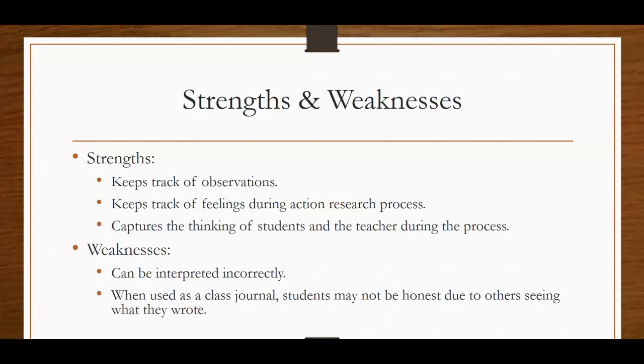Without some context clues, without looking at the student as they're expressing these ideas and feelings, they might be interpreted wrongly, especially if students are too young to write out words and maybe they're drawing pictures instead. So maybe a way to fix this would be to have students write in the journals and then come and talk to the teacher about their entry, so that the teacher could use context clues and pick up on those things as the student is explaining what they made in their journal entry.